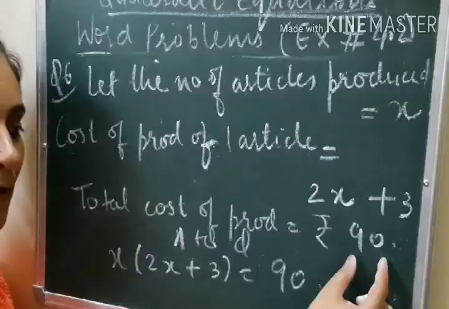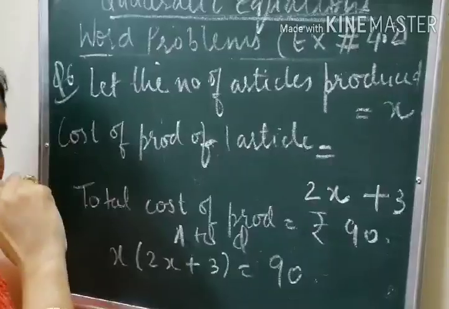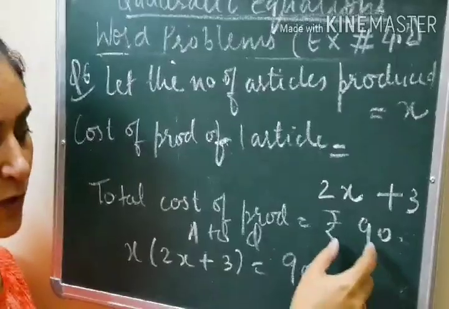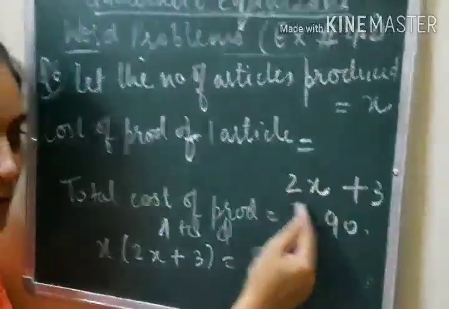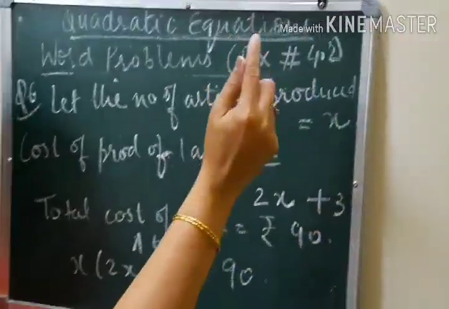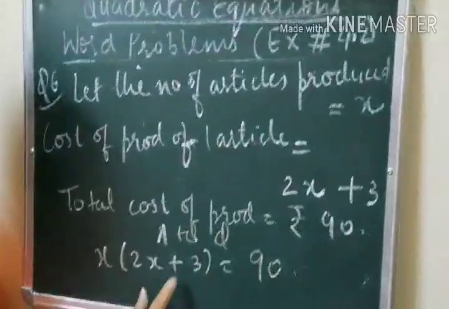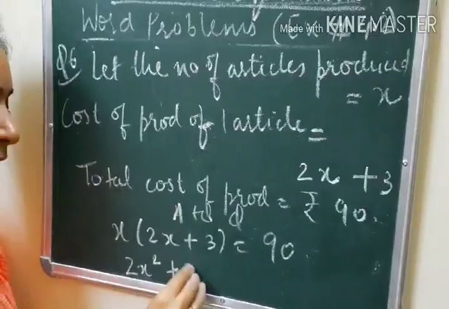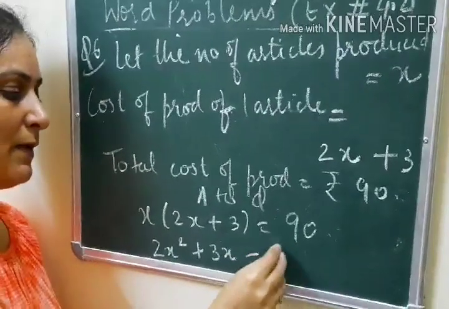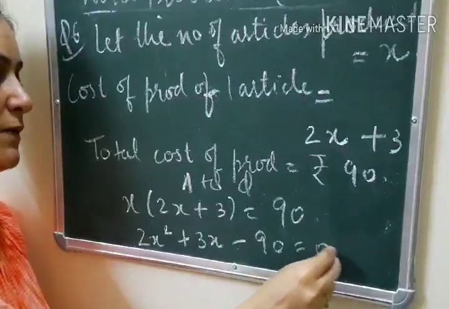So according to question, 90 is equal to cost of production of 1 into number of articles. So x into 2x plus 3 is equal to 90. Multiply this, 2x square plus 3x, and 90 will come here, minus 90 equal to 0.